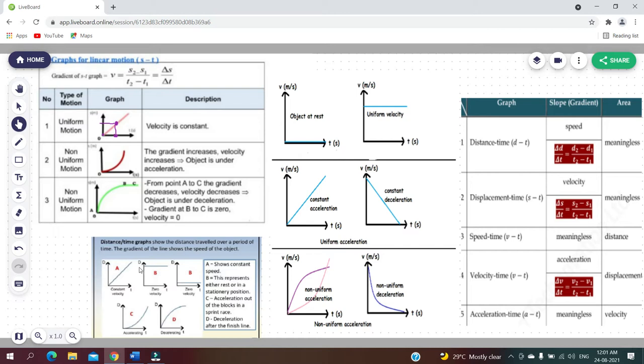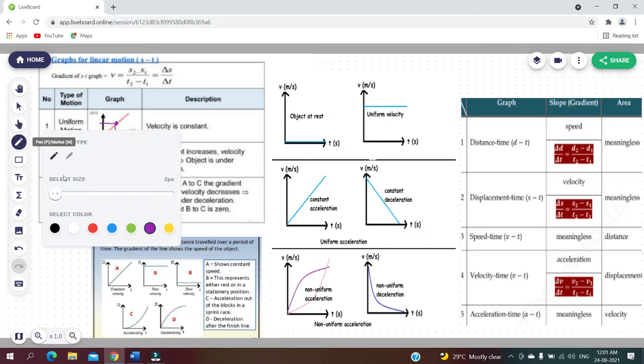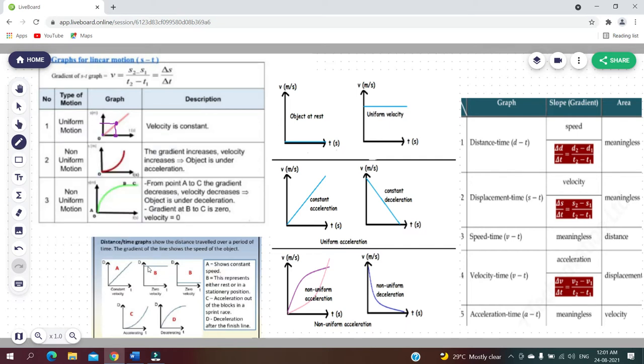When the displacement or distance time graph is a horizontal line parallel to the time axis, as you can see here, we can say that the object is at rest and it is stationary and its velocity is zero, because the slope of the distance time graph indicates the velocity and its slope is zero because it is parallel to the time axis. Slope is zero, velocity is zero, object is at rest.